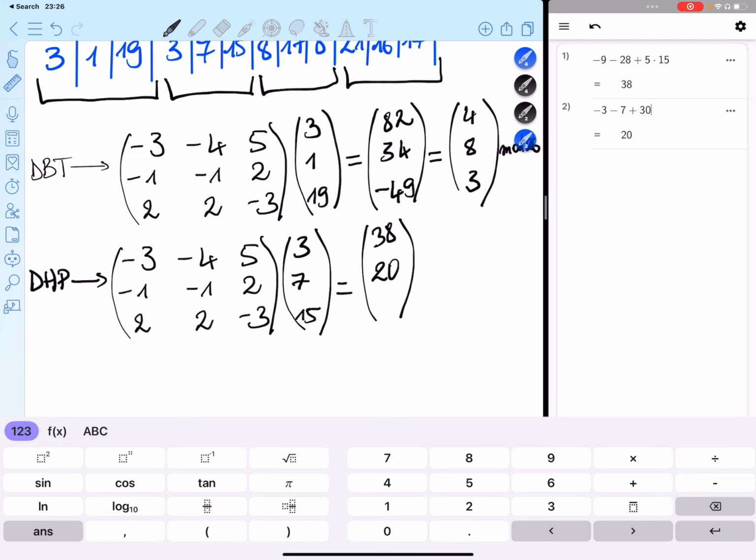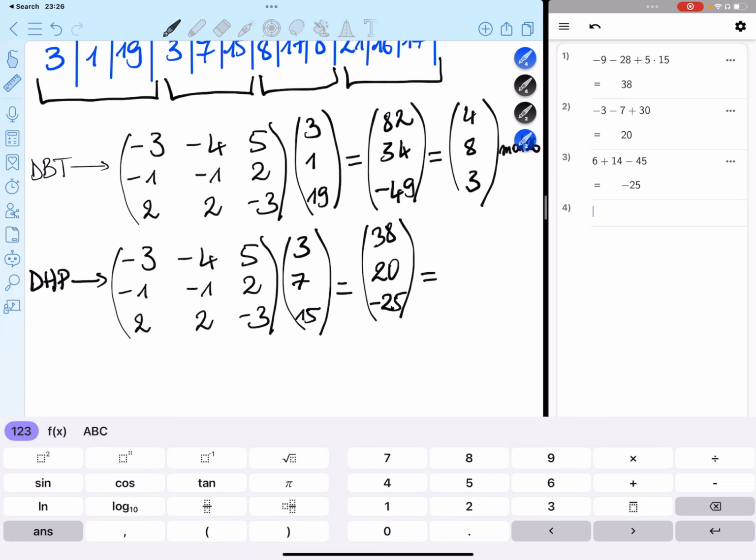For the last entry, I'm going to have 6 plus 14 minus 45, which is minus 25.